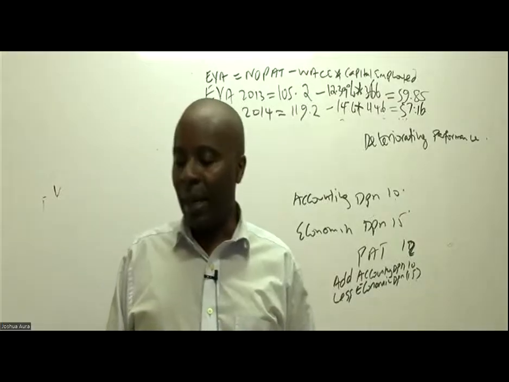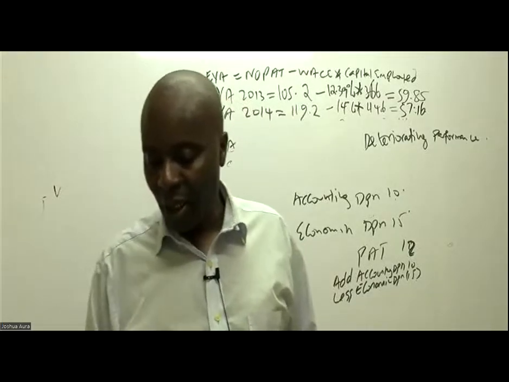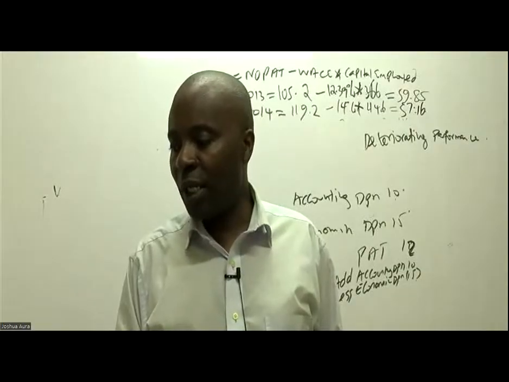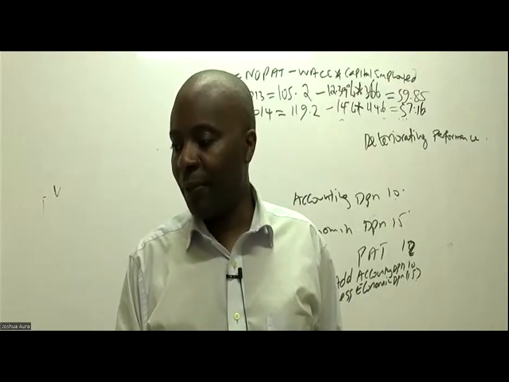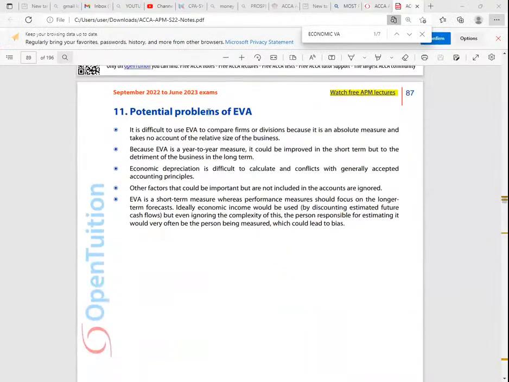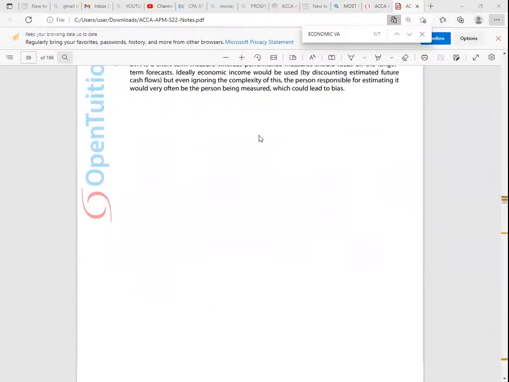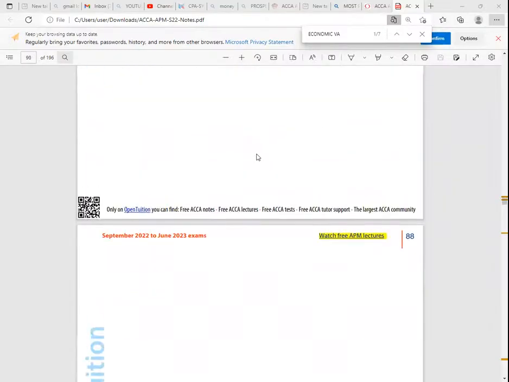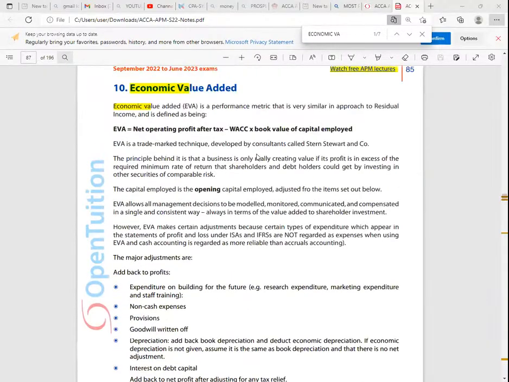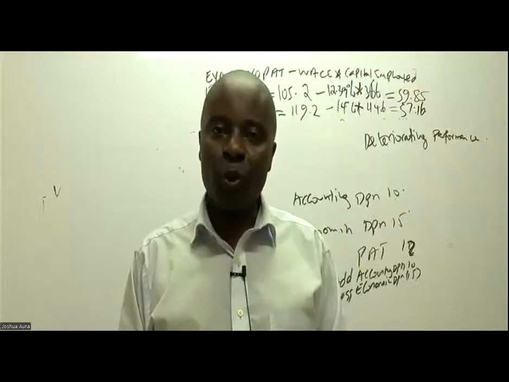So, ladies and gentlemen, you've come to the end of this particular concept, and I would really want you to go and look at this book, especially the potential problems of EVA. You need to go and look at these theories. They're very, very important. And then I would want you to select one question from your past paper on EVA and do it.